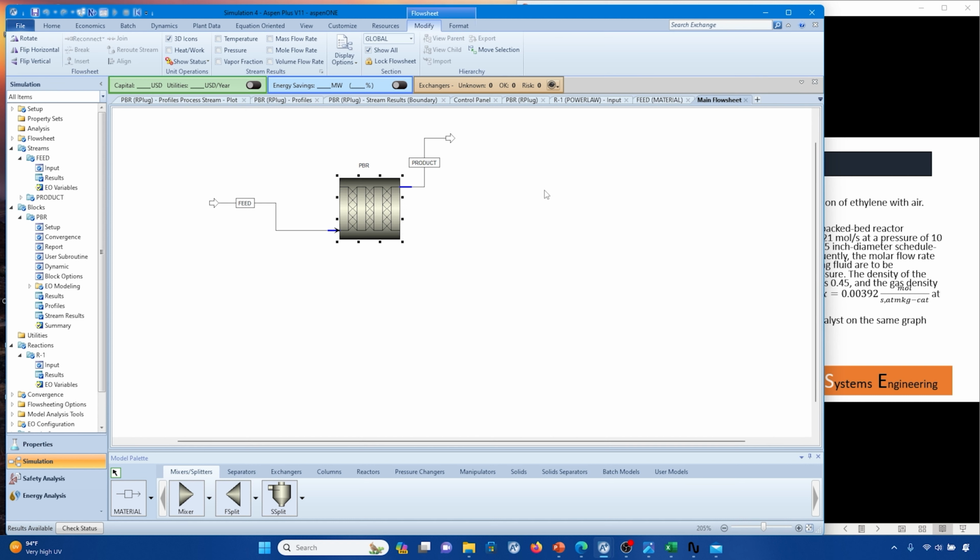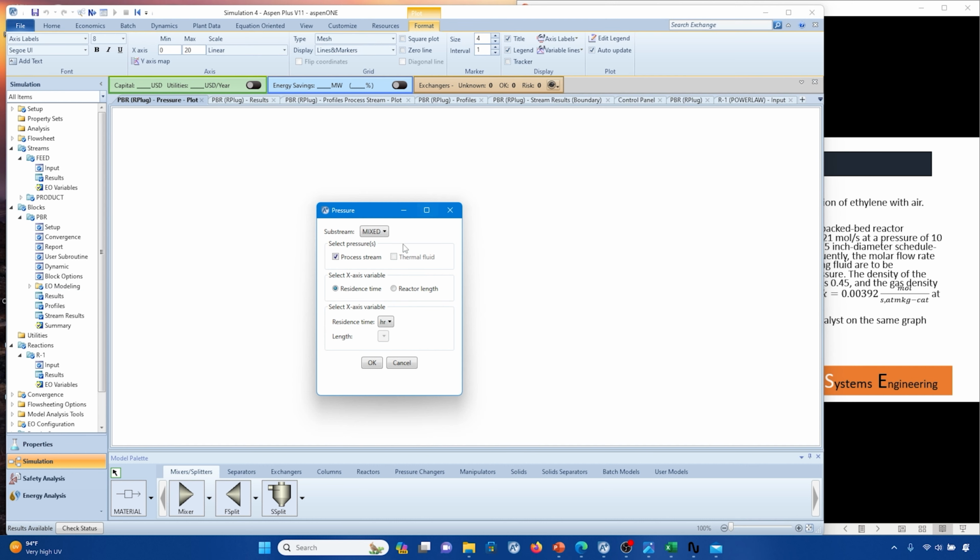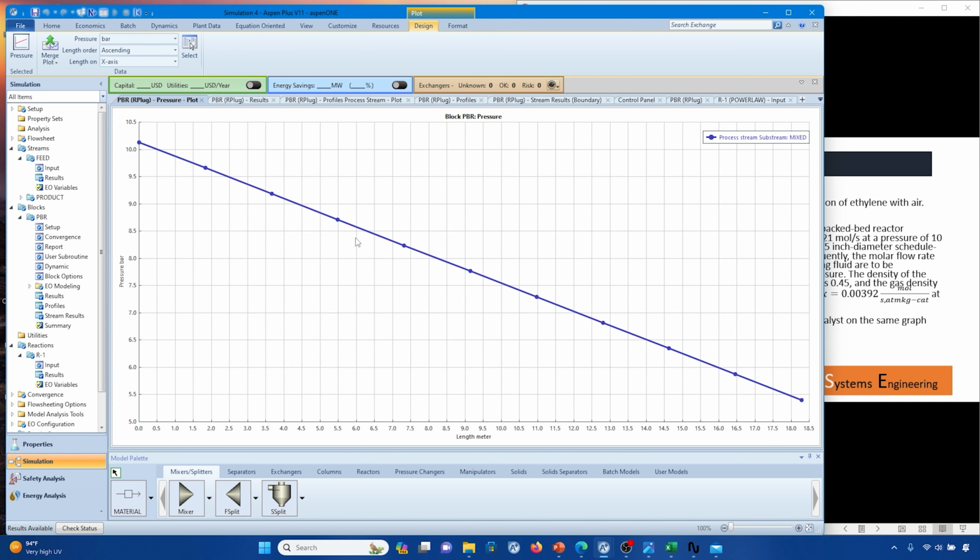We can also look at the pressure drop profile. It's based on the reactor length. And you see it drops linearly till the exit at the end of the reactor. So that is it for the packed bed reactor in Aspen.